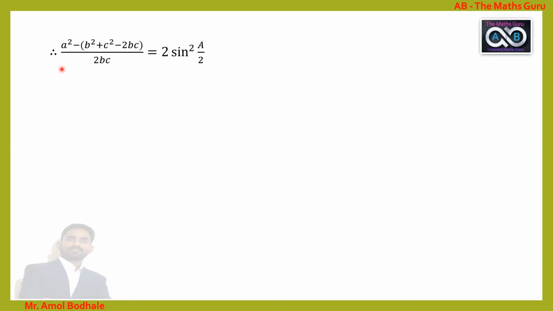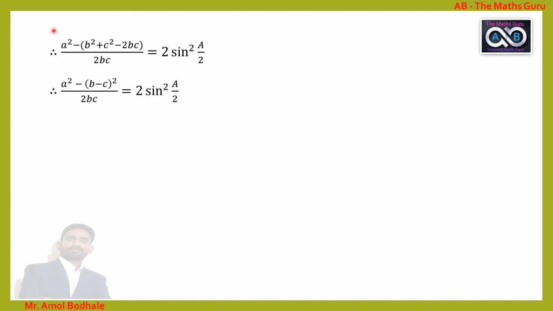So we will get a square, if we take minus common, b square plus c square minus 2bc upon 2bc is equal to 2 sine square A by 2. Now this is in the standard form, that is x square minus y square. As we know, the expansion for x square minus y square is x minus y into x plus y.